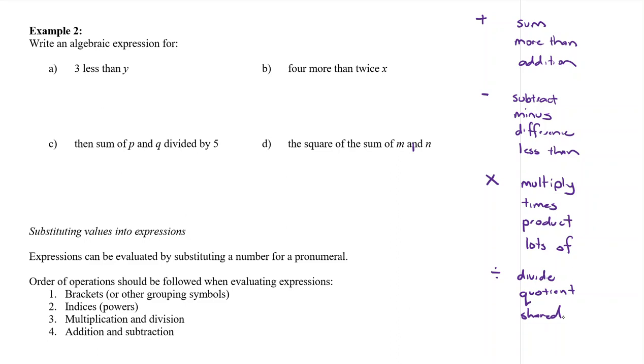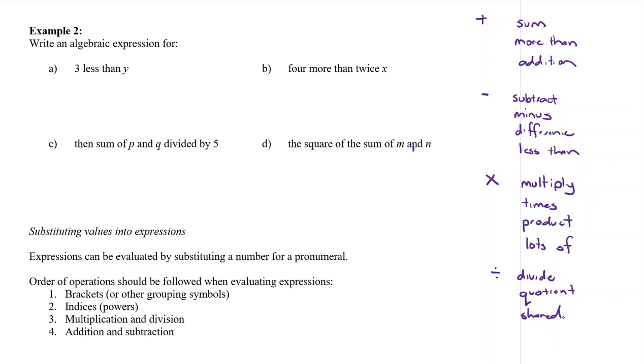So let's keep that in mind as we do question 2. So 2a, I want 3 less than y. So the word less than does mean subtract. When you're doing subtract, though, you do have to be careful which way you subtract things. Because what is 4 take away 1? 3. But what is 3 take away 4? Minus 1.